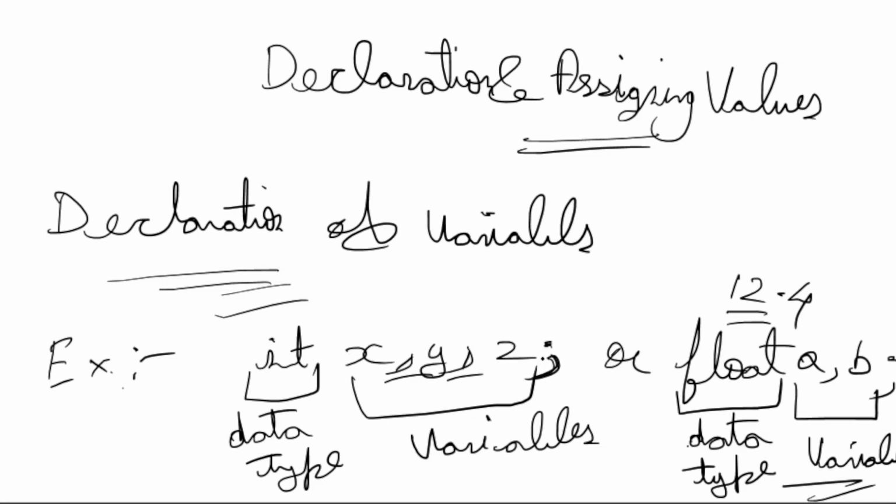Always memorize this key: when declaring variables, separate them by commas only, and always end the declaration with a semicolon.